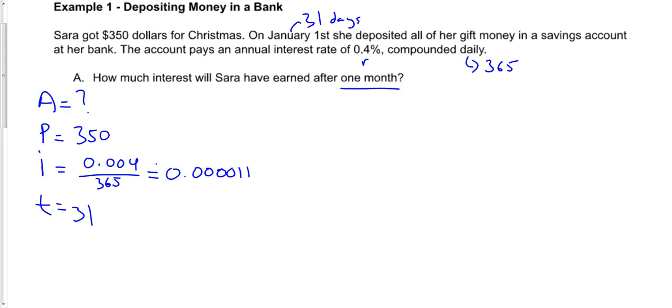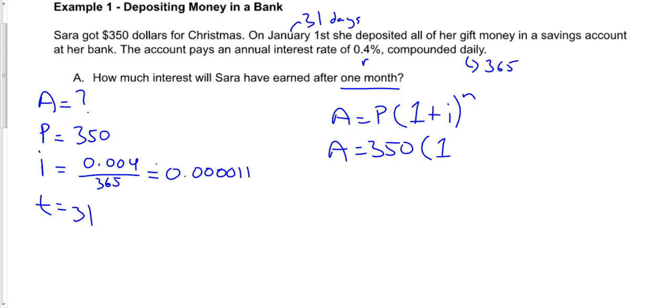So I'm going to plug this into my future value formula. I've got A is equal to P times 1 plus I to the exponent N. So A is equal to 350 times 1.000011 to the exponent 31.